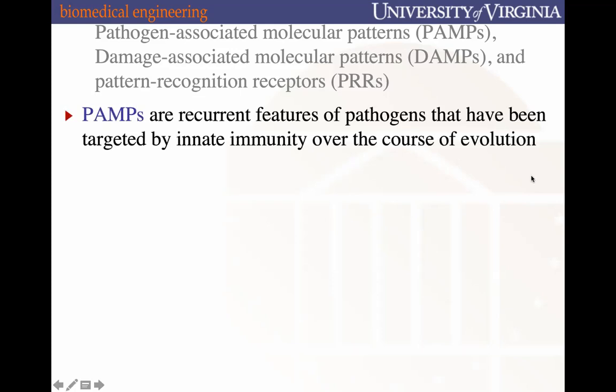So PAMPs are recurrent features or patterns of pathogens recognized by innate immune cells over the course of evolution. A lot of the immune cells that we have are in shellfish, in lower order organisms, and have been maintained over millions of years of evolution.